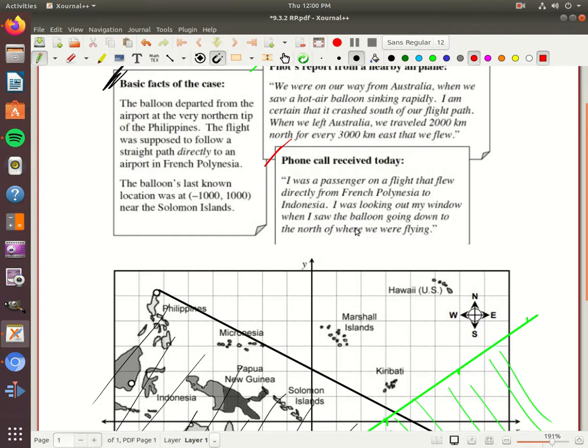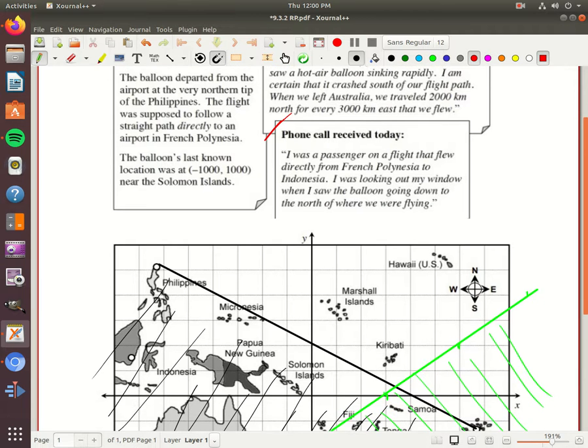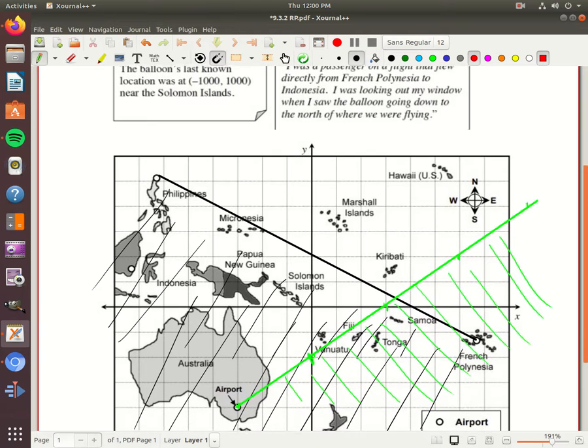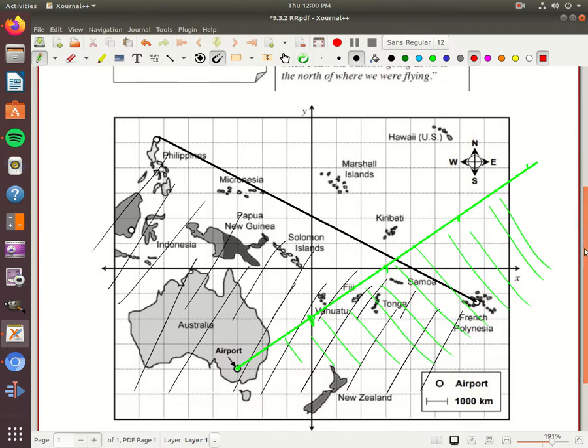Finally, it says I was a passenger on a flight that flew directly from French Polynesia to Indonesia. So French Polynesia to, I guess, Indonesia, right there.